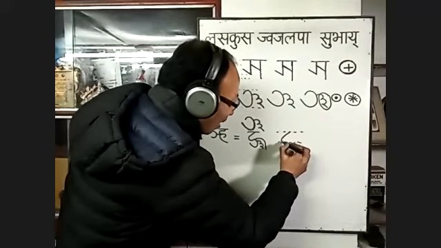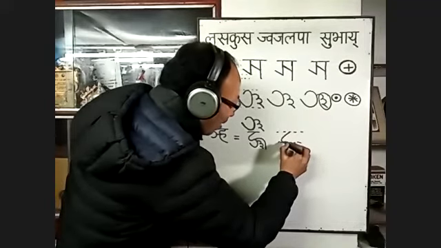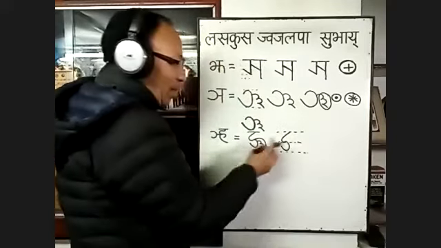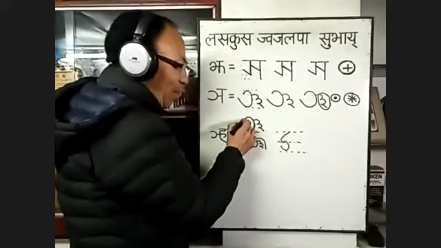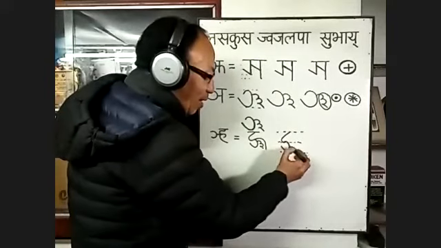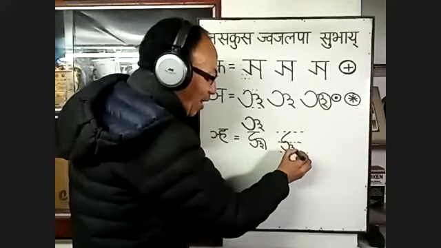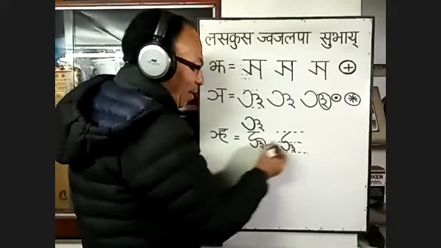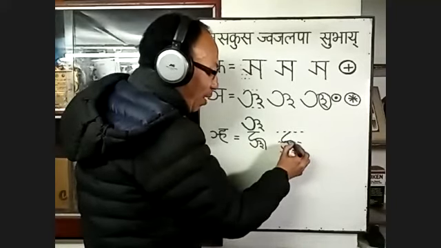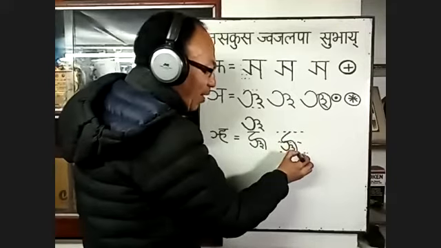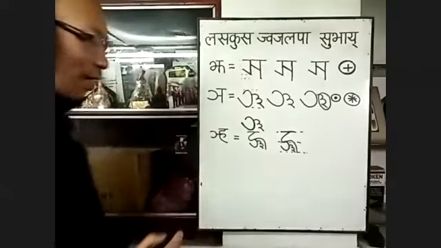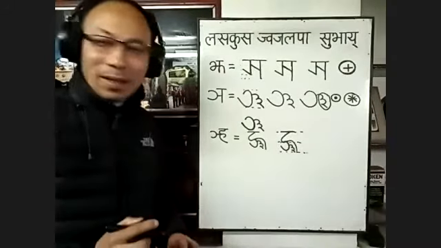And then from here, write this shape, this letter first, and then give la, and then bring another la from here like this. This is no, sorry, no. This is no.